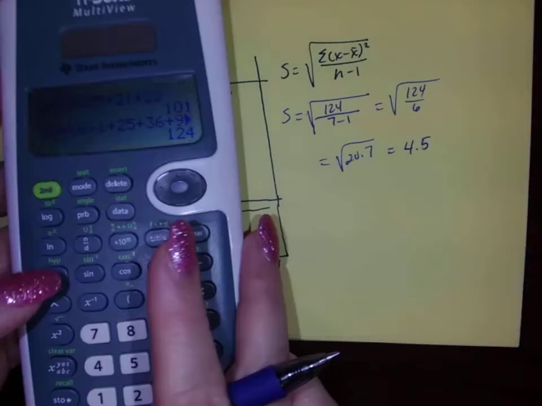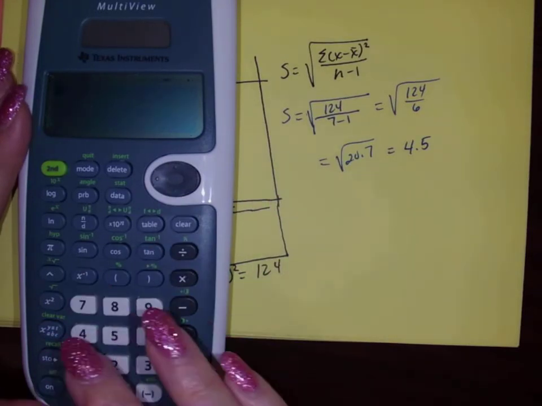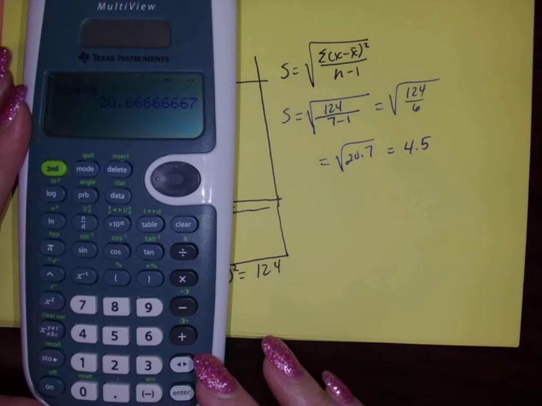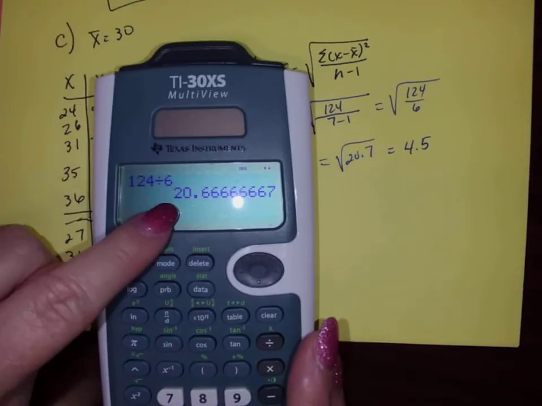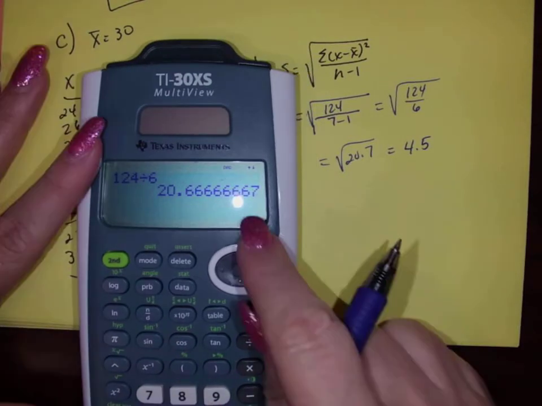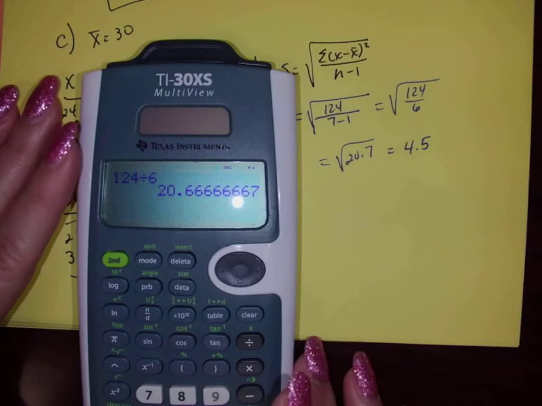Let's just verify real quick here. If we do 124 divided by 6, notice that I've already rounded if I do 20.7, because it's really 20.6666666, so repeating 6. So be careful about rounding too soon, but that would round to 20.7.